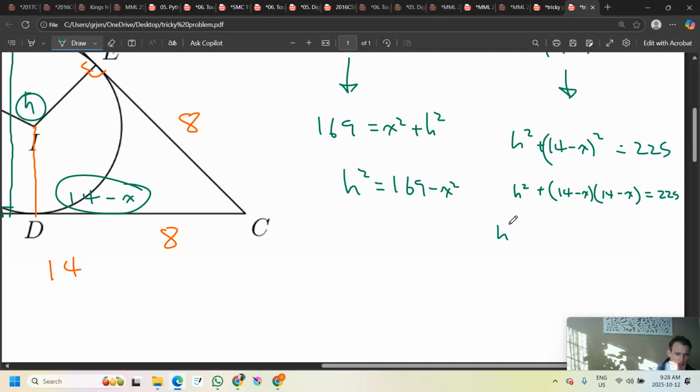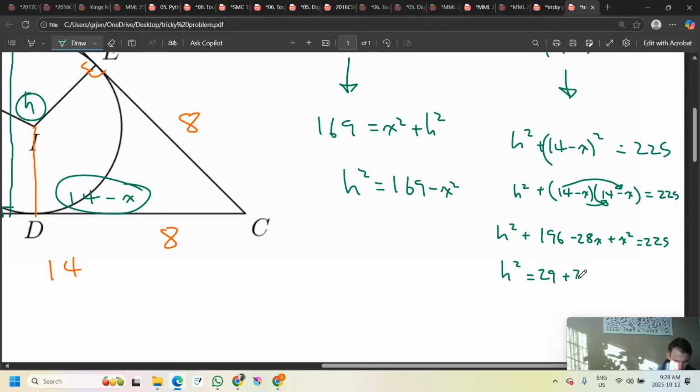So H squared plus 14 times 14 is 196. 14 times minus X, and minus X times 14, is minus 28X, plus X squared equals 225. Solving for H squared, we're going to have 225 minus 196. So that gives us 29.